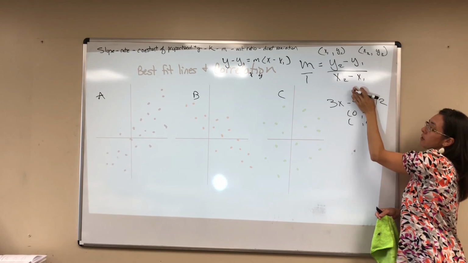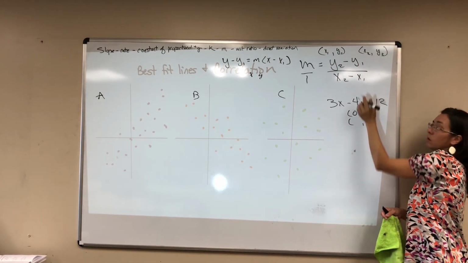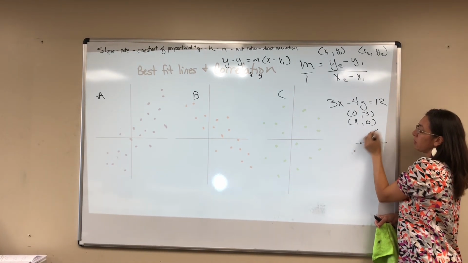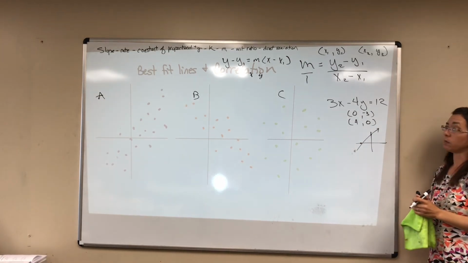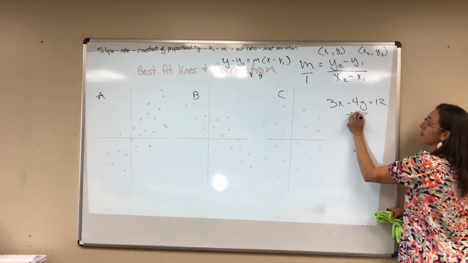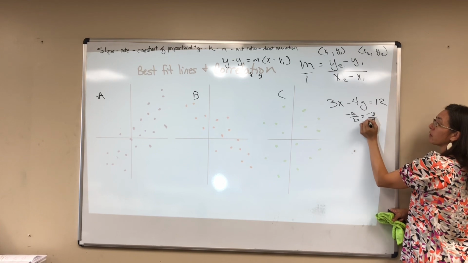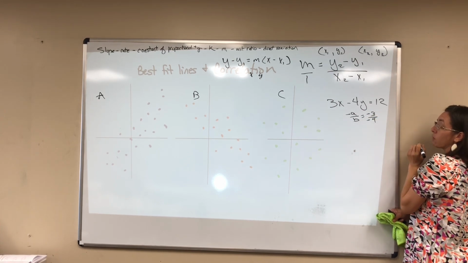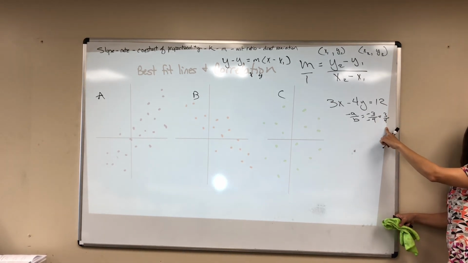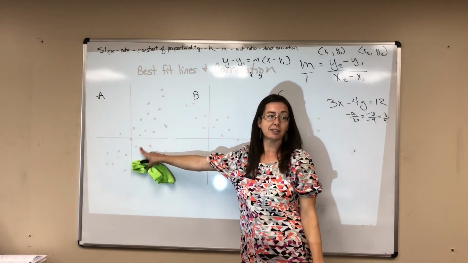When y equals 0, x equals 12 divided by 3, which is 4. And we could plot those guys. (0, -3) and (4, 0). It's going up, so A. We could also say my slope is -a over b, which is -3 over -4, which equals 3/4. My slope is positive, negative, or none? Positive. We'd be like, oh, it best fits A.